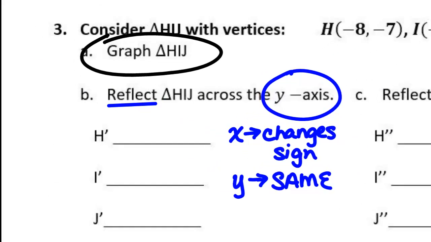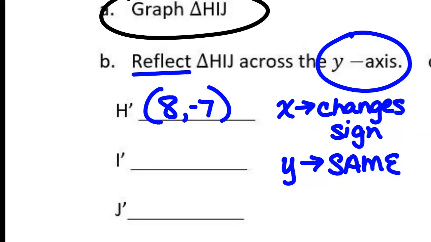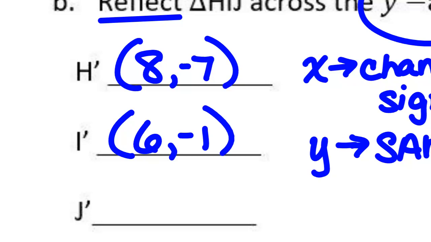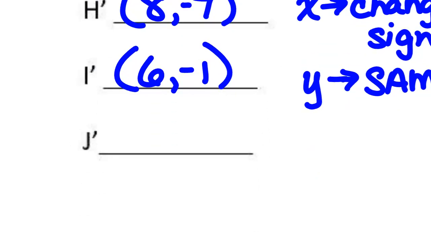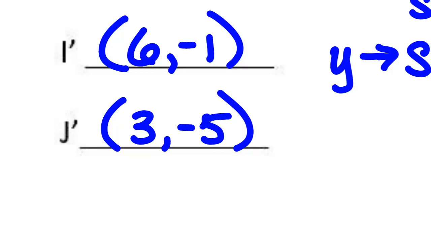So H, instead of being -8, -7, is going to become +8, -7. I prime, instead of -6, -1, it's going to be +6, -1. J prime, see J was -3, -5, so we're going to have +3, -5.